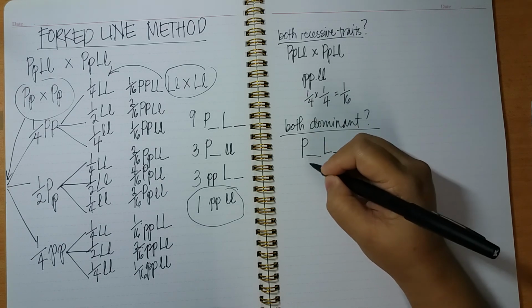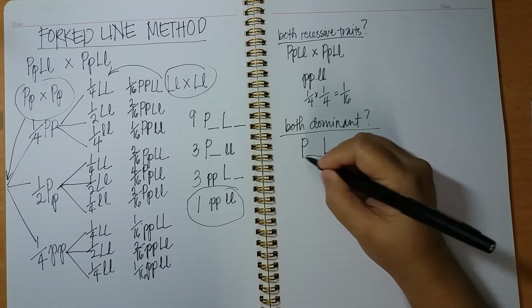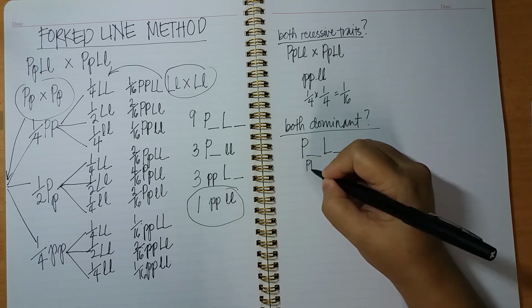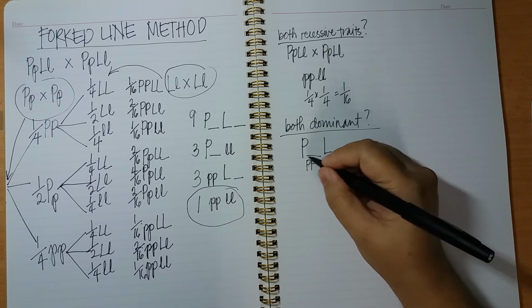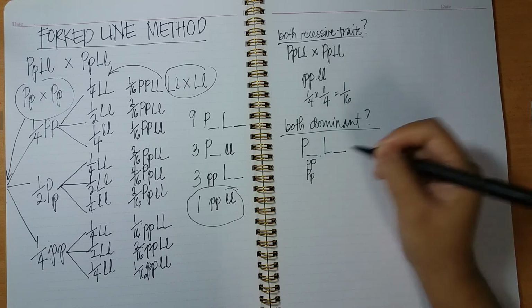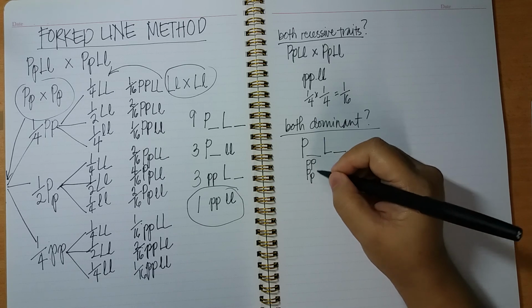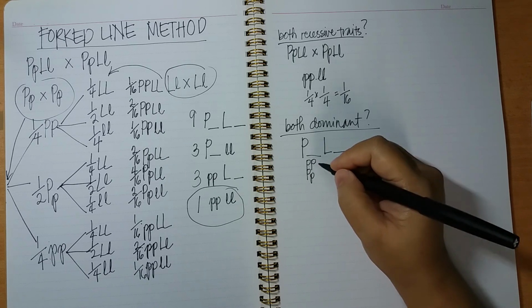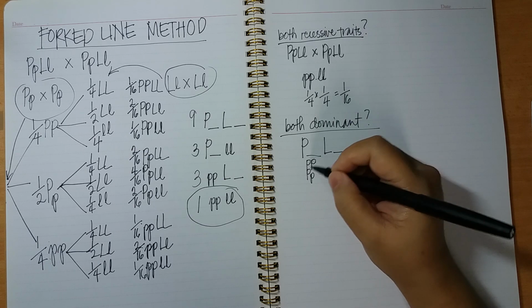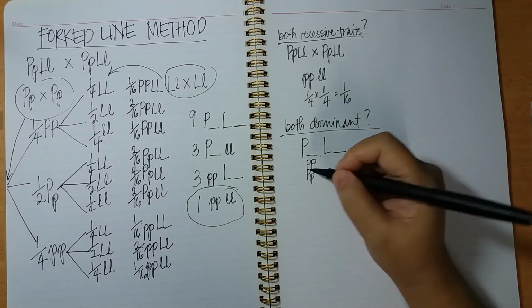Because, for this to occur, for you to have one pod condition, ika-count natin yung probability ng homozygous or heterozygous. So, 1/4 times 1/2, plus, law of addition, that there is more than one way to get to a particular outcome. Okay?